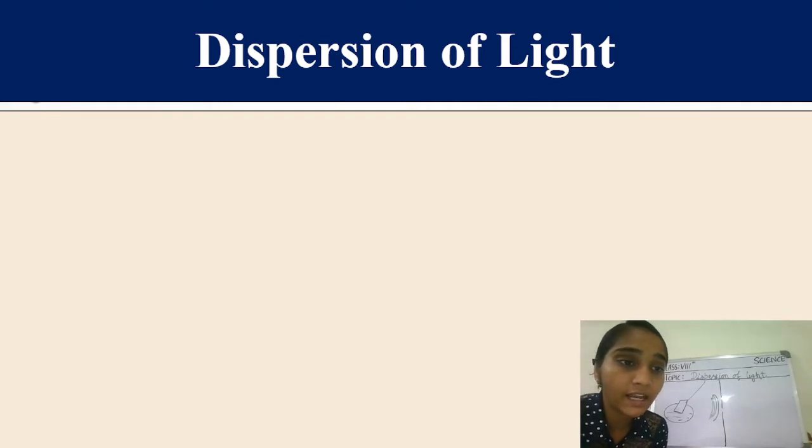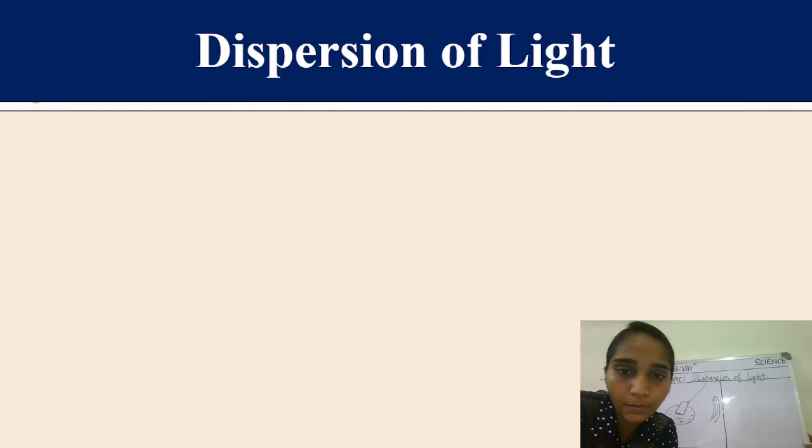Yes, you can say that when sunlight strikes a mirror, it produces some kind of light on the wall or any sheet of paper. If you see there also, you will see the different colors of light, right? Very good students. So good explanation you have given regarding the dispersion of light, which is your understanding.